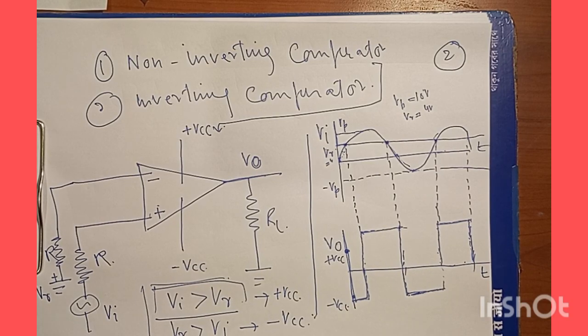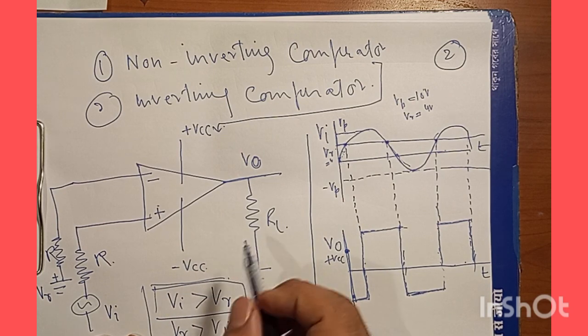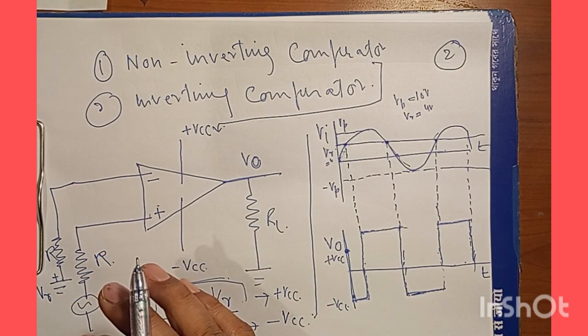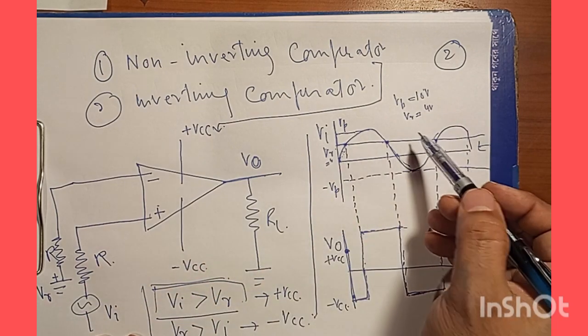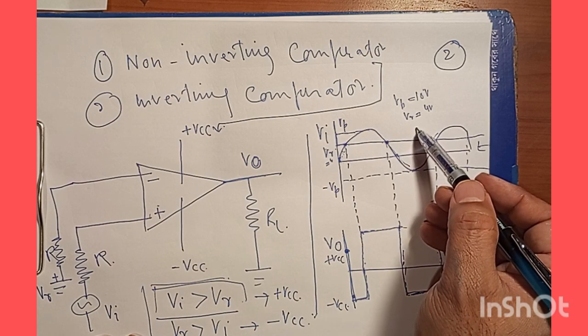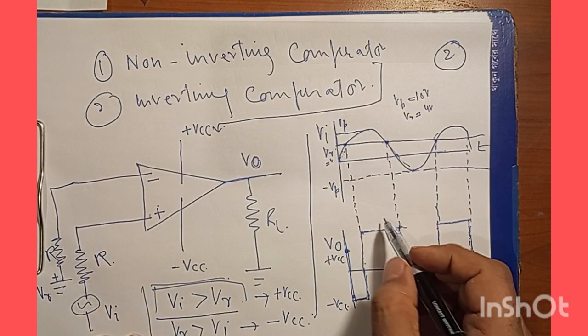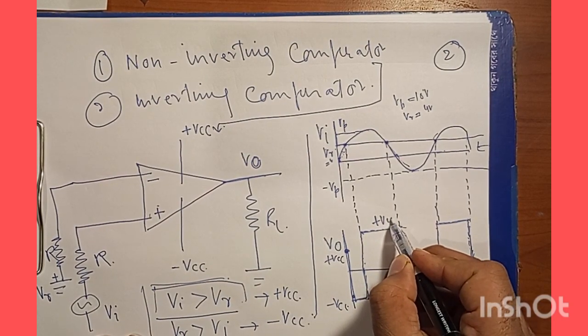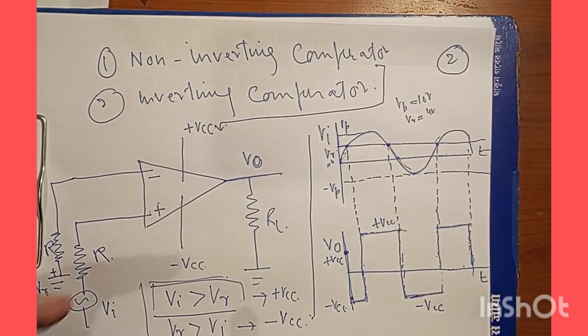So this should be the output of this arrangement, given the conditions, and we have taken an arbitrary value for V peak equal to 10 volts, and we have taken VR equal to 4 volts. So we can see that there are changes from plus VCC to minus VCC. So the output that we are going to obtain is between plus VCC and minus VCC.